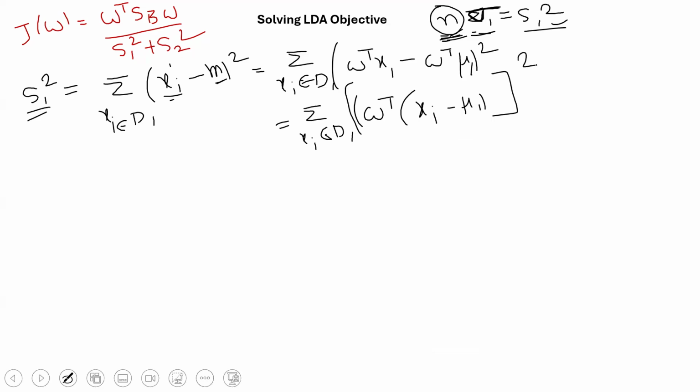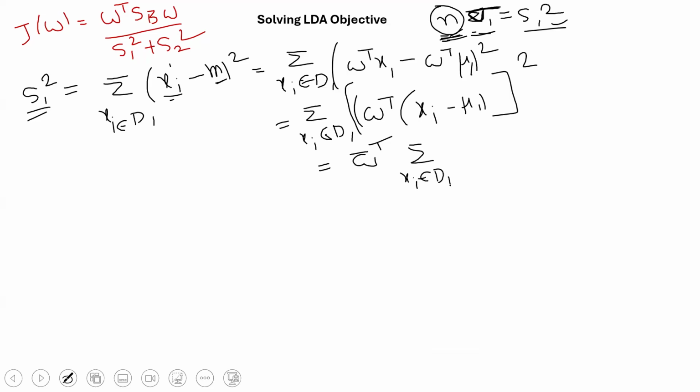So now how can I rewrite this? This becomes W transpose sigma xi belongs to D1.